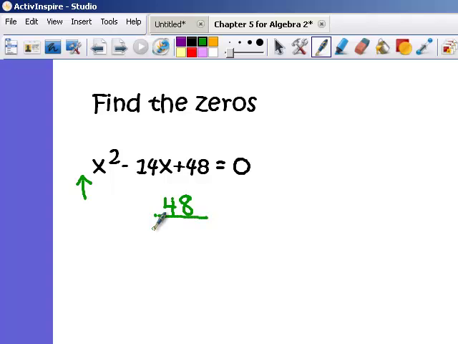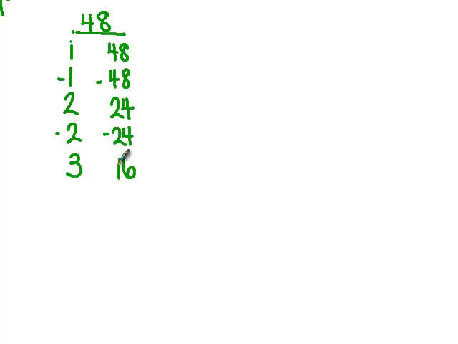Okay, so we have 1 and 48. And we also have negative 1 and negative 48, because that will equal positive as well. 2 and 24. 3 and 16. 6 and 8.